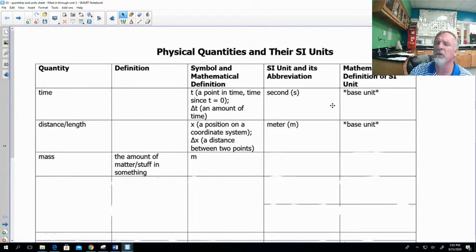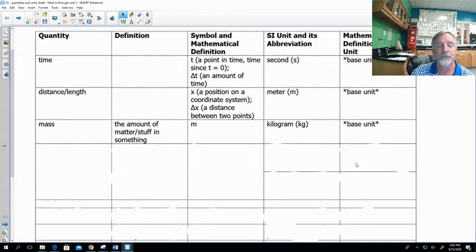So be careful when you're writing things that you know which m you're talking about. If you're writing math, you'll know that you're talking about mass. If you're writing units, you know you're talking about distance. What's our SI unit here? We use kilograms. Kilograms, that's a good unit for us in science. The SI base unit is kilograms.